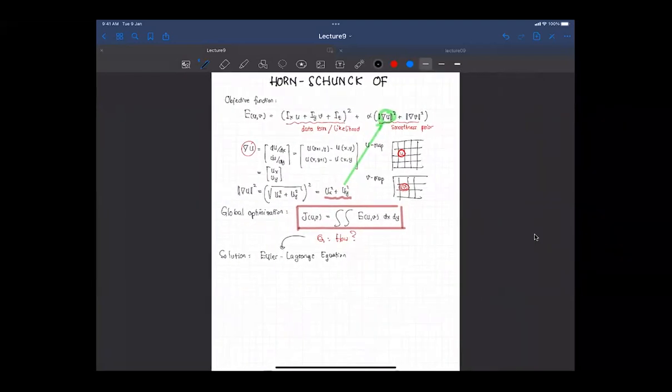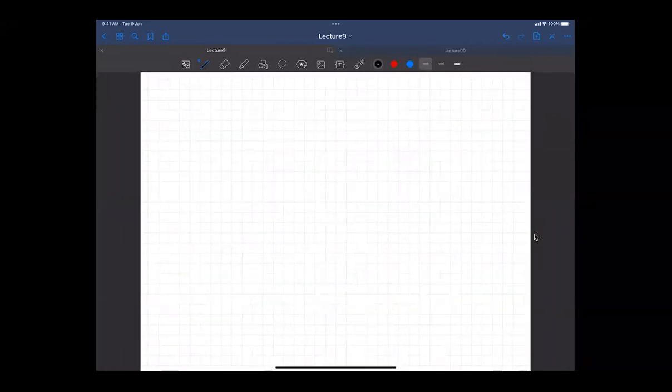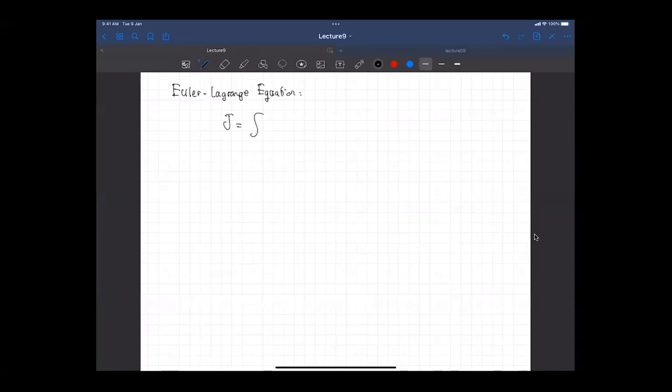How many of you know about the Euler-Lagrange equation? Well, not many. Okay, so I will try to explain this. Euler-Lagrange equation. Assume that we have J. J is a global cost function that we want to minimize, and assume that we have a function that we also want to minimize.